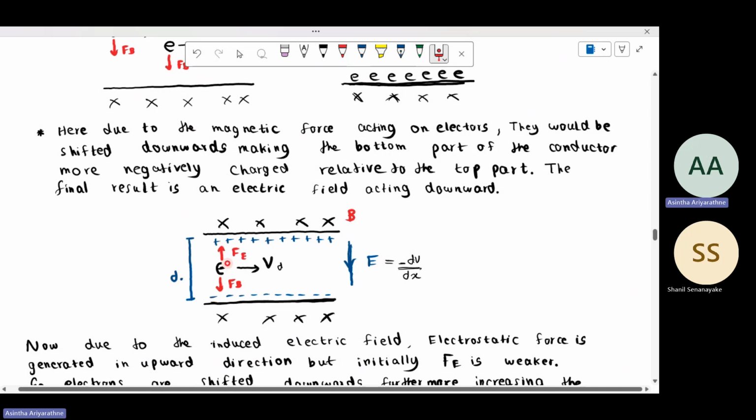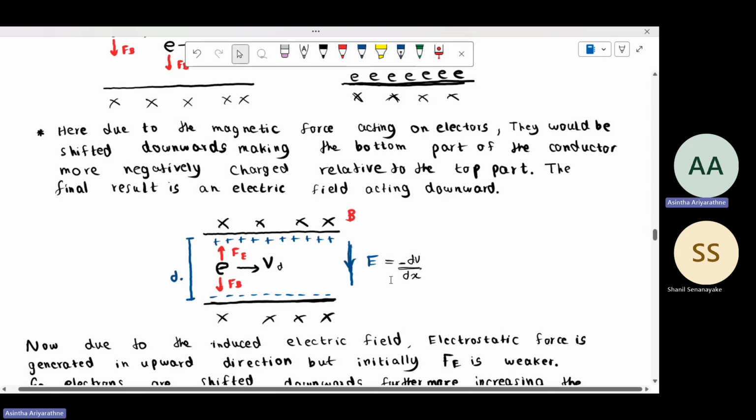So there comes an instance where FE and FB become equal in magnitude. Then they get cancelled out, and the electrons would not be shifted either upward or downward. The electrons would move in a straight line.